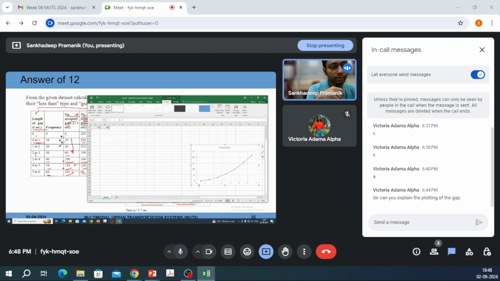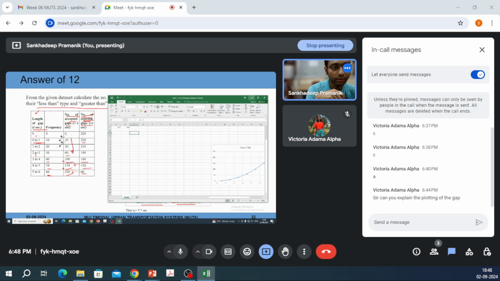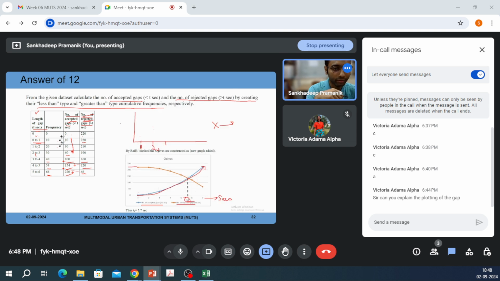So you can see that there is an increasing trend, and similarly if you take the midpoint of the length of the gap and the number of rejected gaps, then it will be a downward trend, and the intersection point of that will be this one, and roughly it will be 5.7.